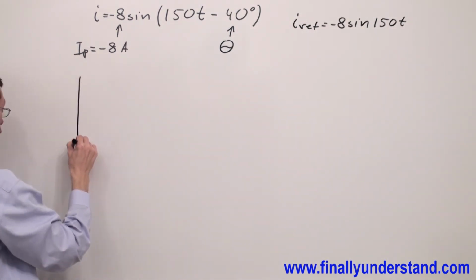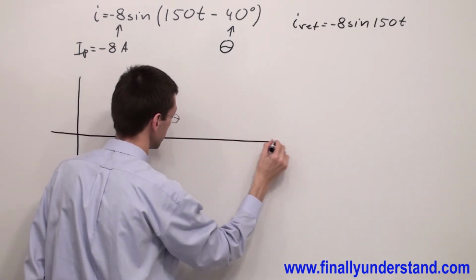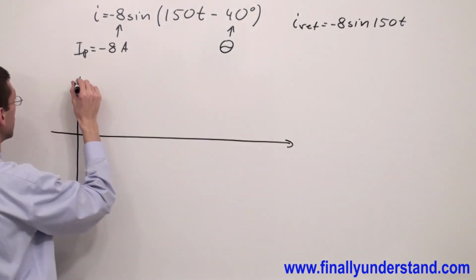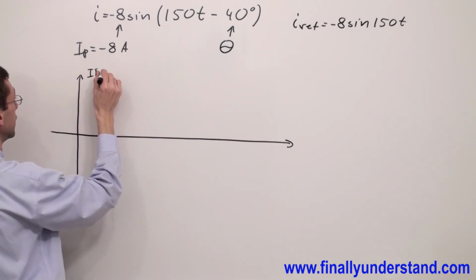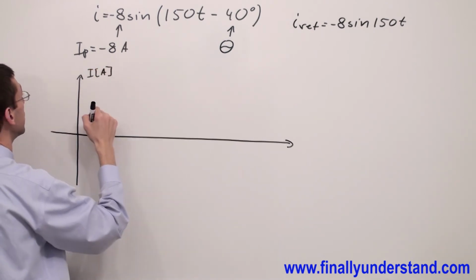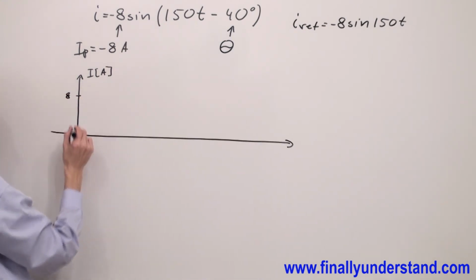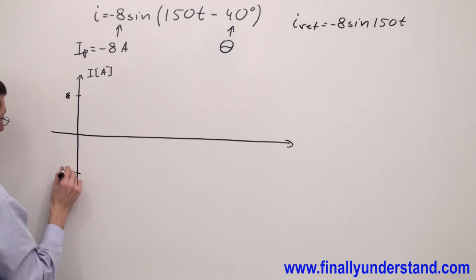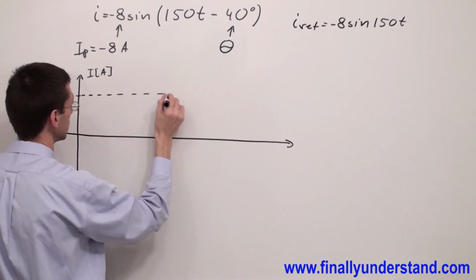Now I'm supposed to draw the xy plane. This is current. Current is measured in amps. And I have peak values 8 and negative 8. I'm going to draw the dashed lines.